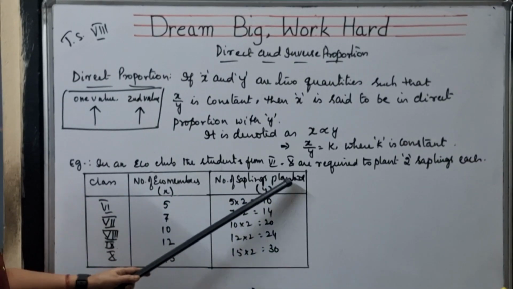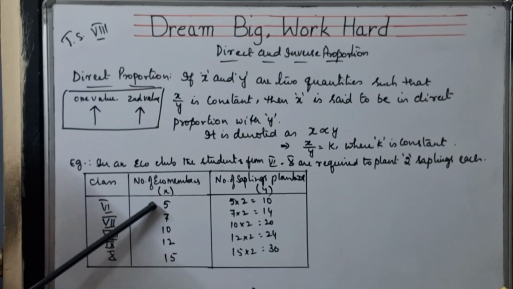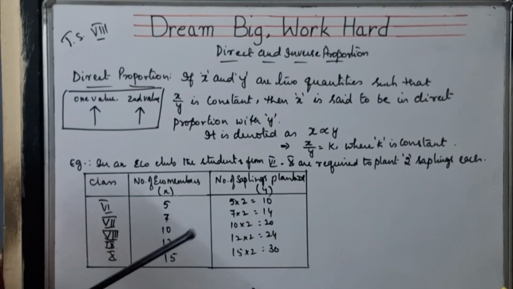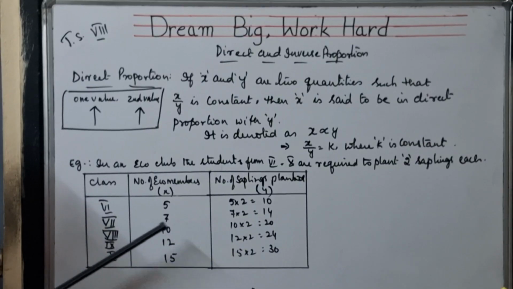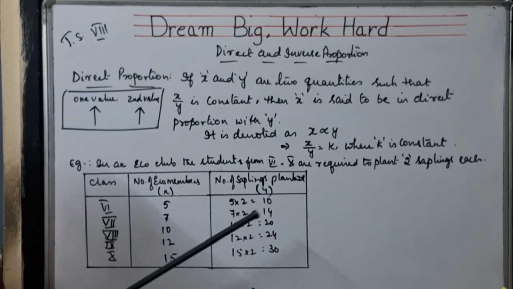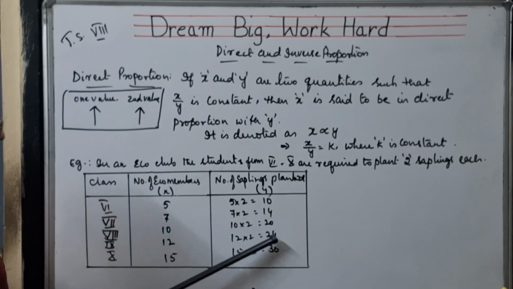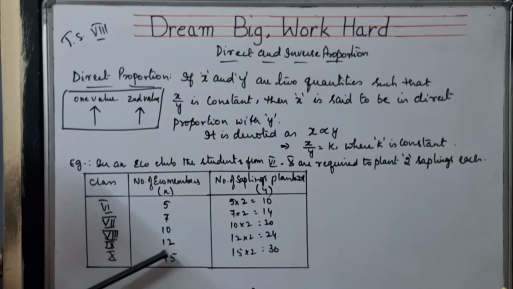That means the number of saplings planted by 6th class, 5 twos are 10, 7th class, 7 twos are 14, 8th class, 10 twos are 20, 9th class 12, 12 twos are 24, 10th class 15, 15 twos are 30 saplings.